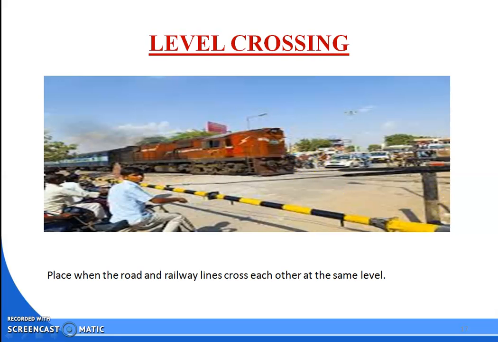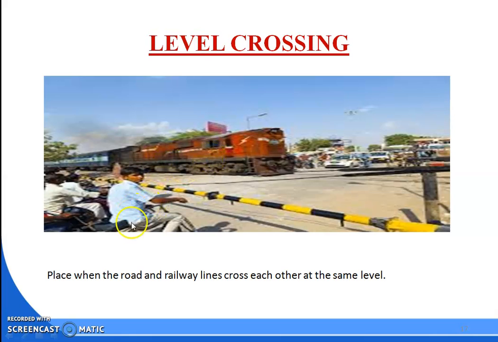This is a picture of a level crossing. This is the highway, and at the same level a railway track also passes over it. Gates are provided on both sides to allow the train passage and stop people to avoid the train.